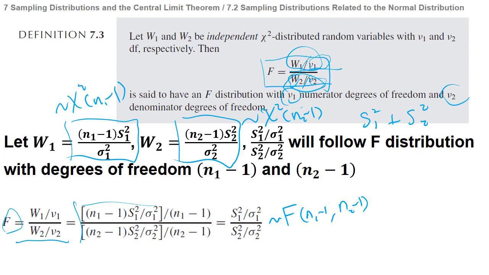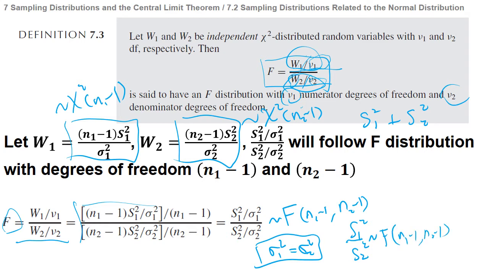So how can we do inference about sigma 1 square and sigma 2 square? Let's assume that sigma 1 square and sigma 2 square are equal. If they are equivalent, then S1 square divided by S2 square would follow an F distribution with N1 minus 1 and N2 minus 1 degrees of freedom.